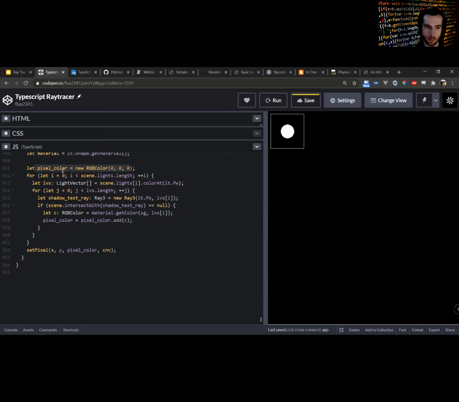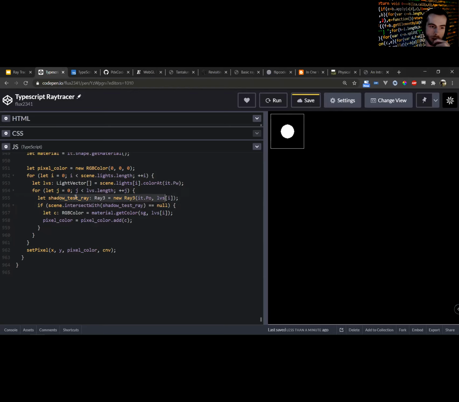Here we initialize a pixel value to black. We iterate over all the lights in our scene. We get a light vector for an individual light, the amount of light that's hitting the object at that point. And then we iterate over those light vectors. We create a shadow ray.